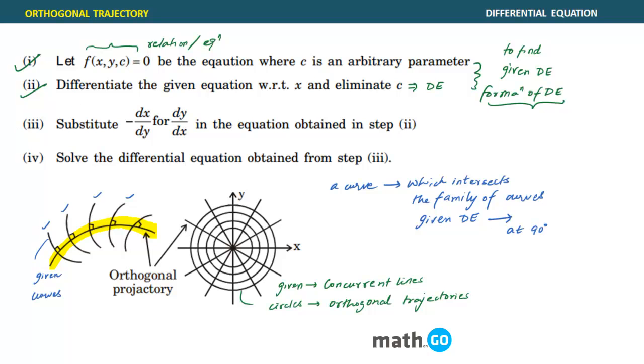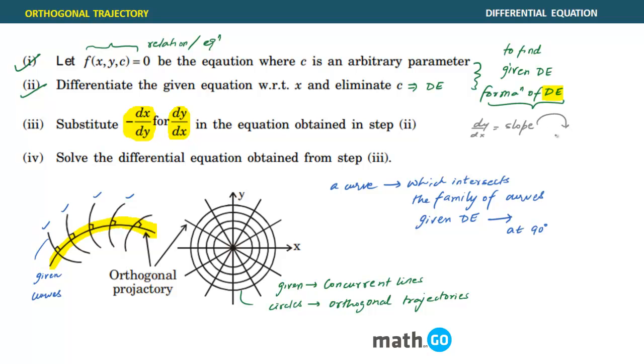The first two steps are the formation of the DE from the given constraints. Then the important point: if you want to find the orthogonal trajectory, instead of dy by dx in this step, replace it by minus dx by dy. How can you remember this? What do you mean by dy by dx? It is nothing but the slope of the tangent.